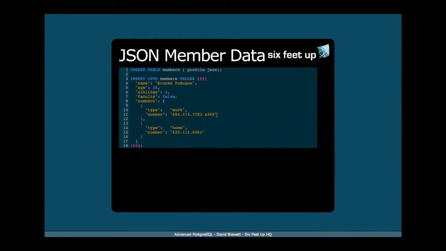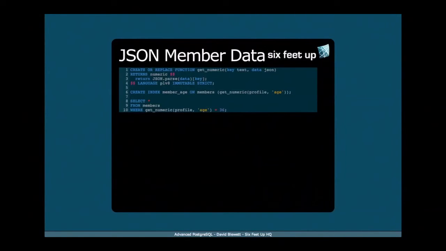Here we'll create the function to extract a specific key from the JSON structure. So you pass it the key name and then the JSON data, and it will parse the data into an object and then extract your specific key. And then we take advantage of Postgres's casting feature so that the data type that it returns is numeric.